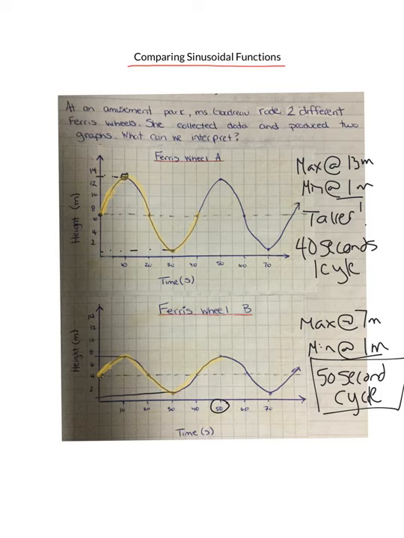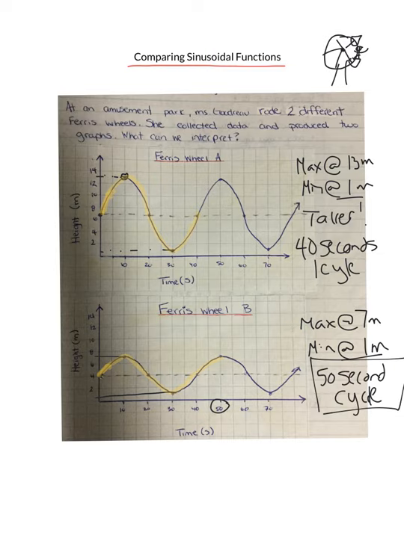Now, the last thing that I want to talk to you about is the amplitude. If we think about a Ferris wheel, I'm going to draw in the top right-hand corner here a really terrible drawing of a Ferris wheel. Here's me. Oh, I can't draw me. I'll draw me down here in this bucket.